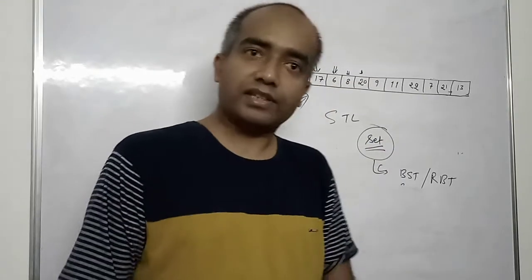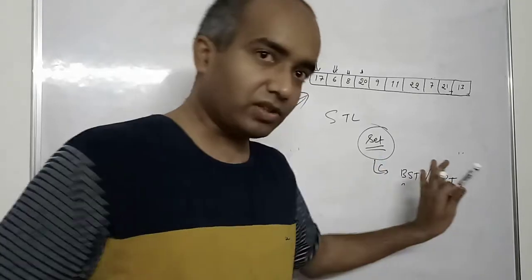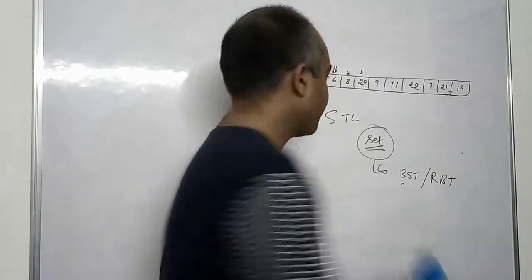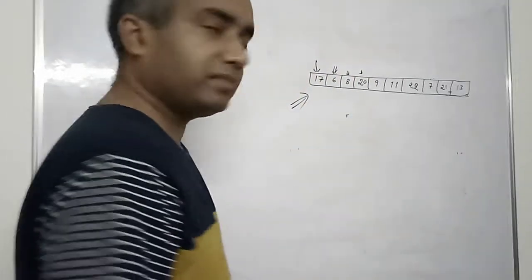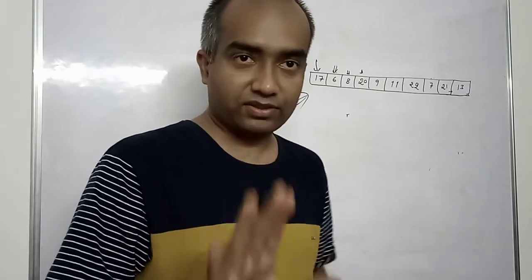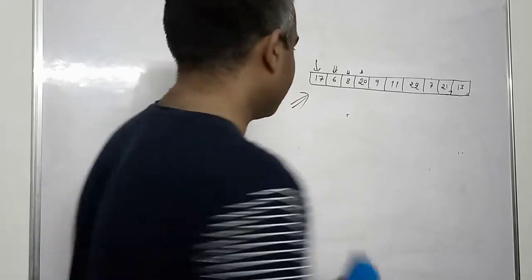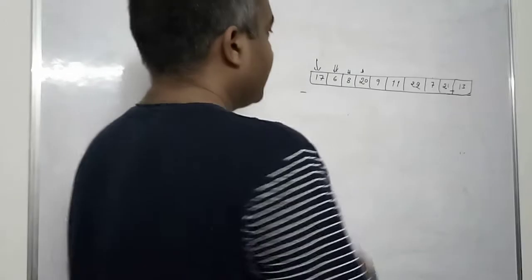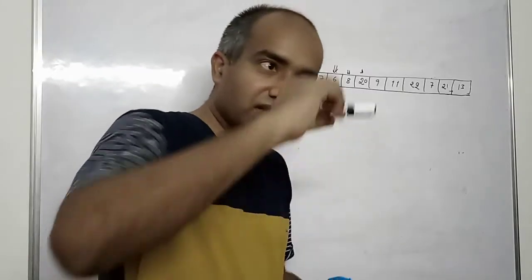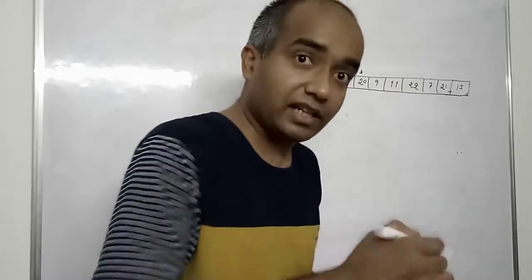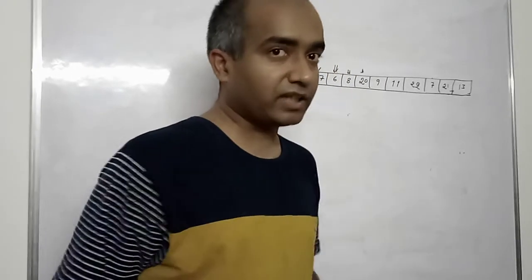You can also do one thing: rather than using set, this set is also fine, but if you have an understanding of binary search tree, you can create a binary search tree as well, right? Then you just need to iterate that binary search tree in in-order traversal. I hope you know about in-order traversal.